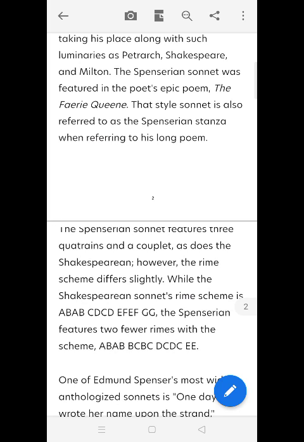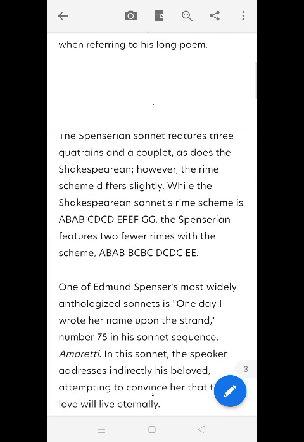The rhyme scheme is shifted to the next stanza by interlocking connection, whereas in the Shakespearean sonnet we have independent rhyme schemes.